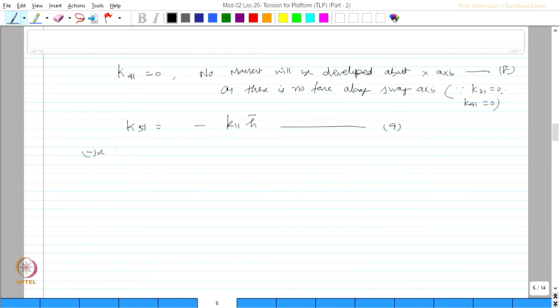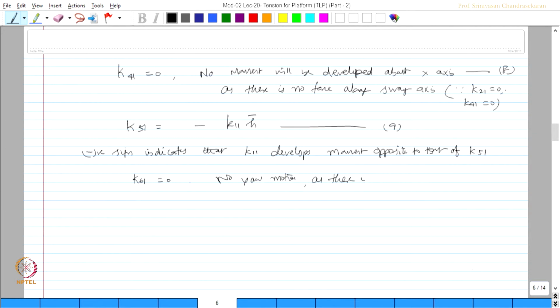The negative sign indicates that K11 develops moment opposite to that of K51, and K61 will be 0, no yaw motion, because there is no moment about z axis. So, that is equation number 10.